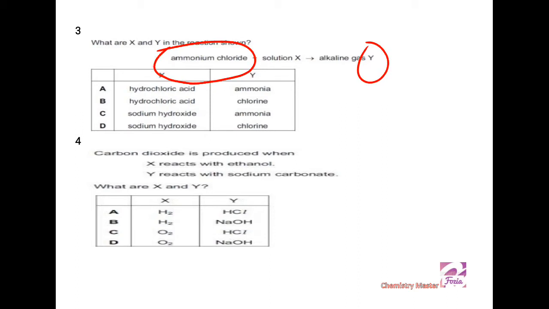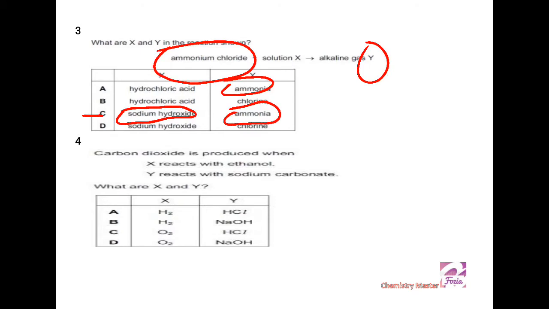So you see, two options are giving ammonia as a product. Now we see which solution makes it possible. It's not the acid which produces ammonia. It is a very strong alkali, that is sodium hydroxide. So the best option is C.